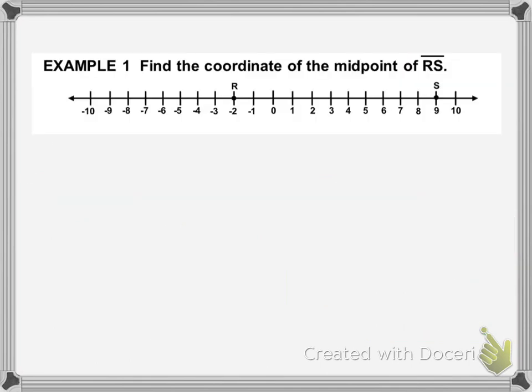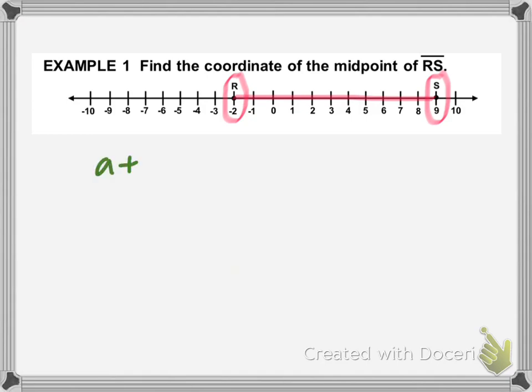In this first example, we're finding the coordinate of the midpoint. Remember the location of the midpoint of segment RS. So segment RS would be the segment that connects R and S. So we're going to look at the values at each endpoint. We have -2 and +9. Now our formula says to add those two together.